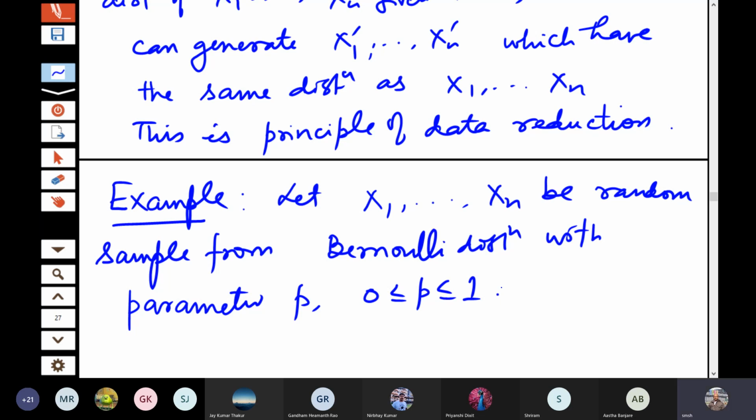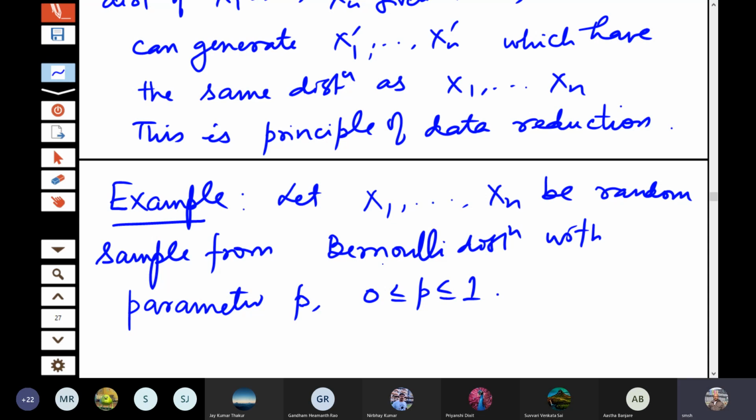In the Bernoulli distribution, what does this parameter p represent? Anybody can tell me? Probability of success. Probability of success of what? Of the desired event. Okay.